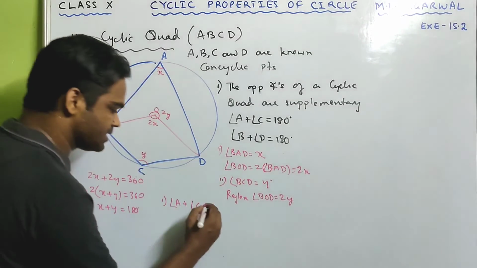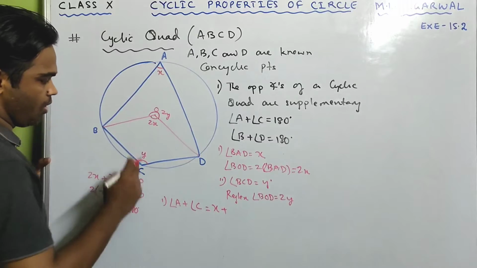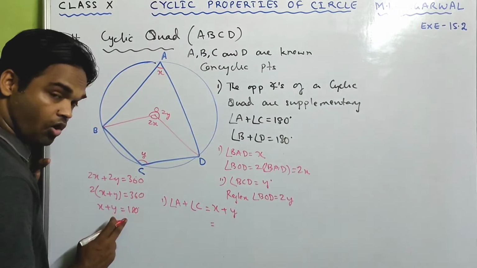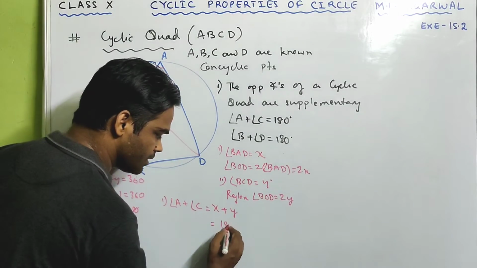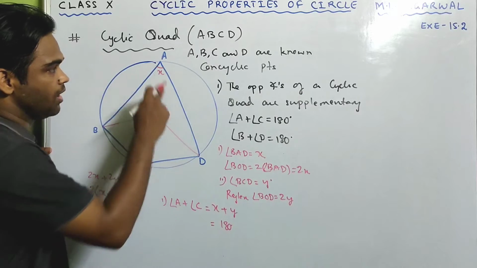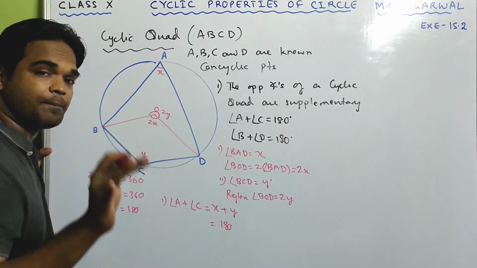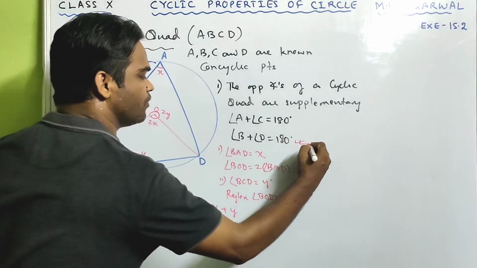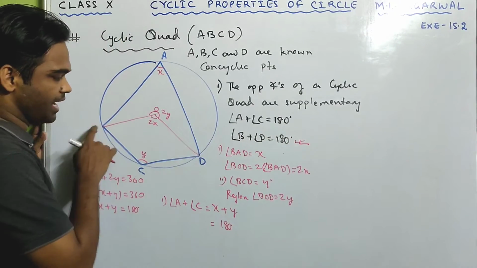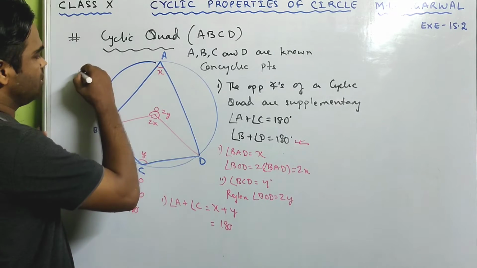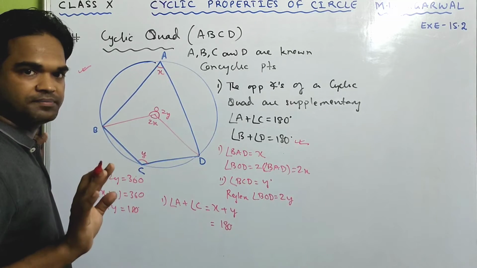In place of angle A we can write x, in place of angle C we can write y. And x plus y we already got as 180 degrees, which means in a cyclic quadrilateral the opposite angles are supplementary to each other. Similarly you can prove that angle B and angle D are supplementary to each other. So this is the first property.